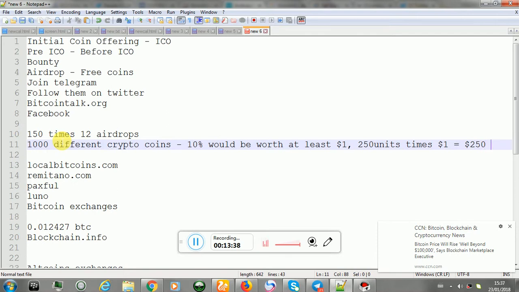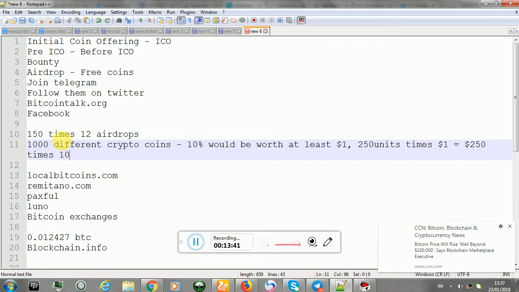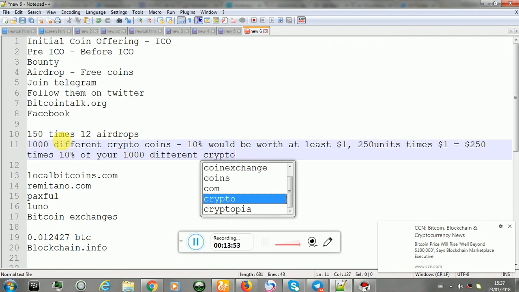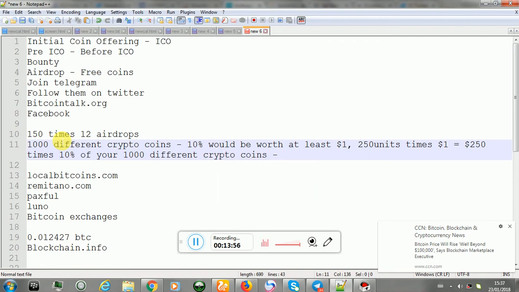Then times the 10% of your 1000 different cryptocurrencies, that's your $250 times 100. So no matter what, at the end of the year, you have actually gotten a minimum of $2,500 worth of crypto coins. If you do these simple things, just by tweeting about 5 different crypto coins per day, you'll be sure of at least $2,500 for paying nothing.